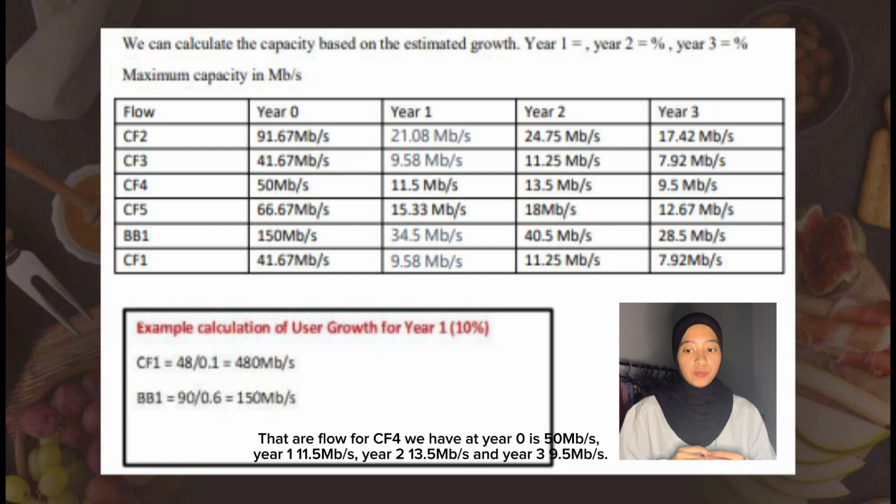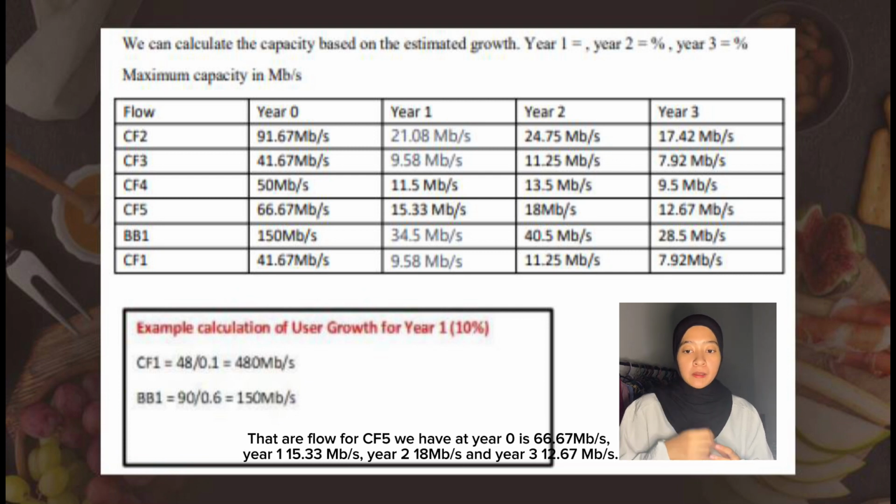For CF4, starting at 50 MBS, and for year 1 we use 11.5 MBS, year 2 13.5 MBS, and year 3 9.5 MBS.